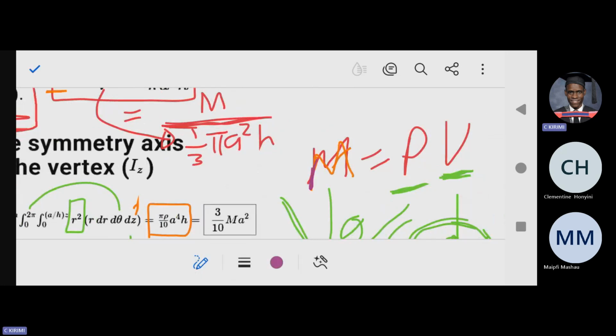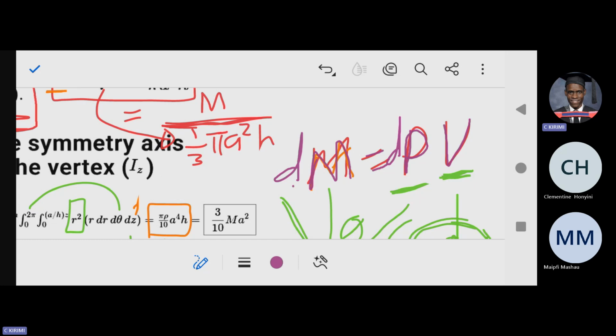Mass is equal to what? Density multiplied by volume, yes. So if I want dm, I must have rho dV.